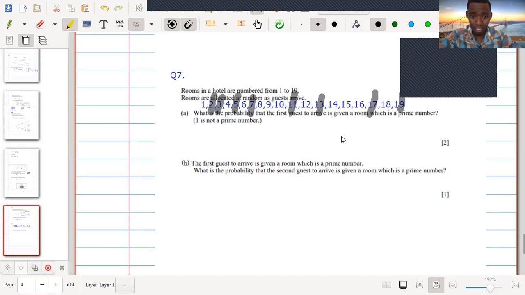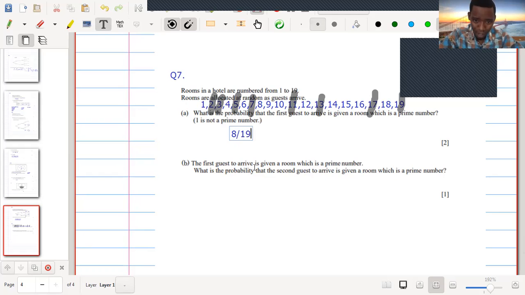Basically, the probability of the first guest to arrive being given a prime number room is 8 over 19. That's the probability. Then the second guest.